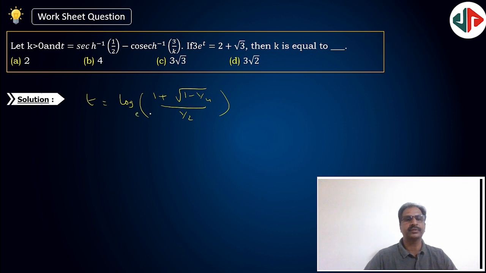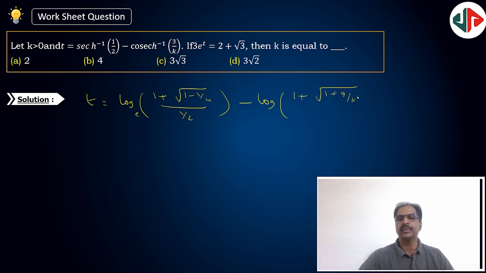That is sech inverse. Cosech inverse of 3 by k. Cosech inverse x formula is log of (1 plus root of 1 plus x square) by x, which is 9 by k square, x being 3 by k.